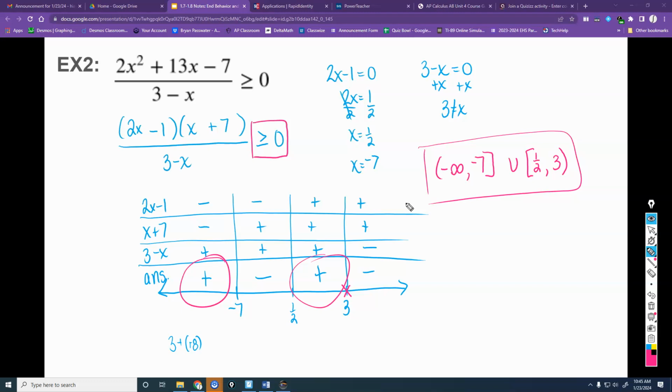Okay, questions? All right, now I have to see. I'll pass this out while I try to make my decision. Do number 1 and number 5 on this worksheet.